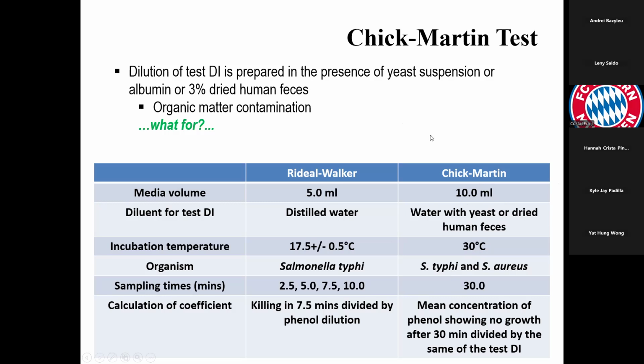When you introduce each one of the three, you might want to standardize the method, because a solution of albumin, for example, may have a completely different impact on the efficiency of your disinfectant compared to dried human feces or yeast lysate, which is made of different chemicals, right? It's made of much more proteins than just albumin. So it may interact differently with your disinfectant.